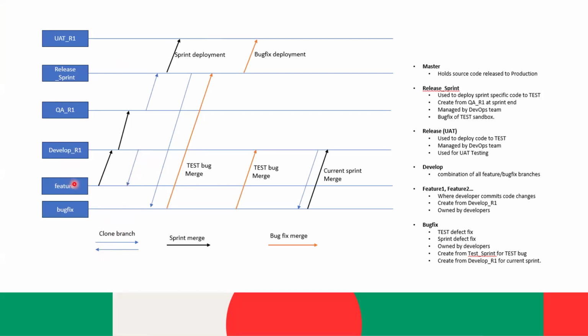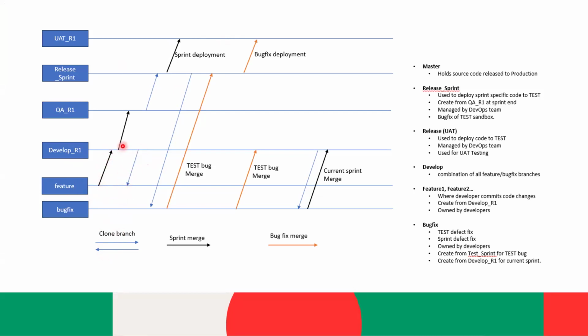The developer will clone from develop R1, create a feature branch, and start the development. Once development is completed, he or she will raise a pull request and deploy to develop R1. So one cycle is completed: clone, develop, deploy. Correct? Clone, develop, deploy. Multiple feature branch flow will be like this.